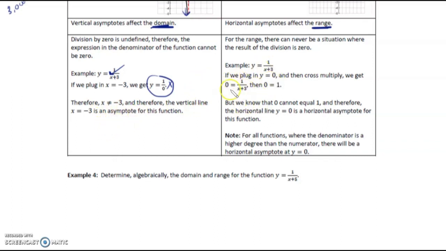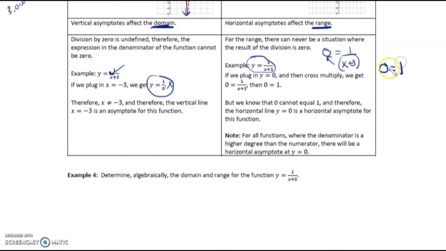Now this one's a little bit more complicated. A lot of individuals understand that we cannot get 0 in a denominator, but for the range, there can never be a situation where the result of a division is 0. For this equation, y equals 1 over x plus 3, if we subbed in 0 equals 1 over x plus 3, we can cross multiply and we get 0 equals 1.